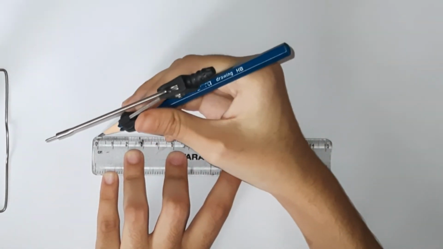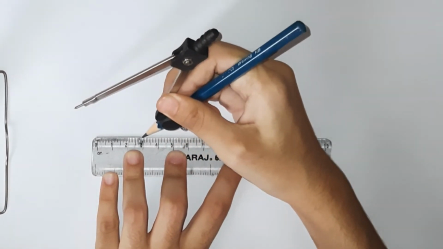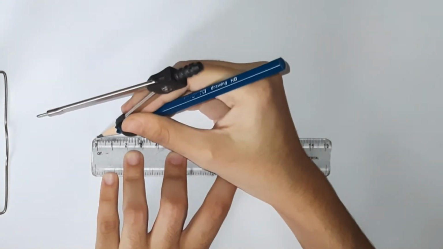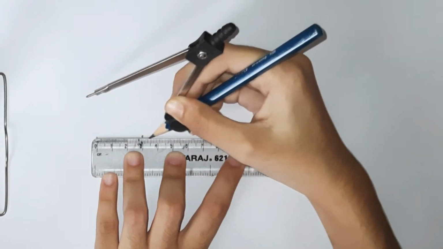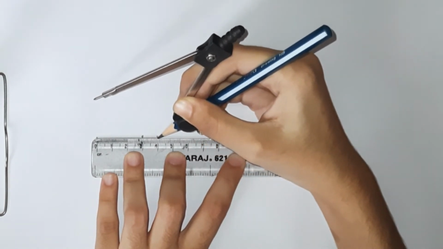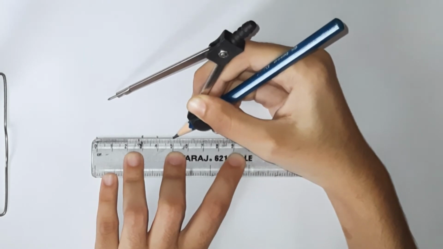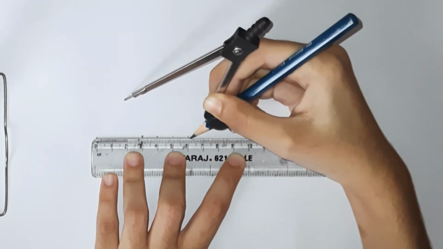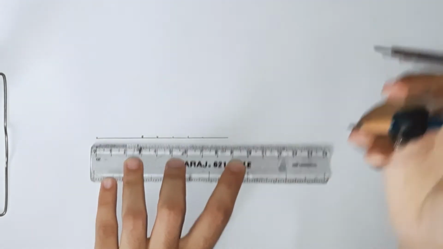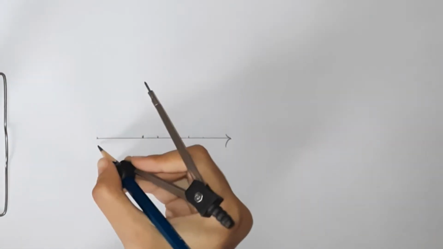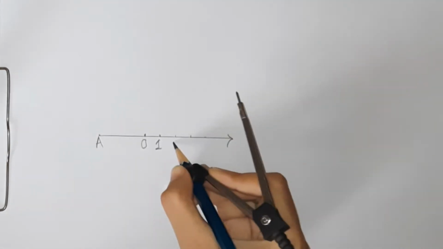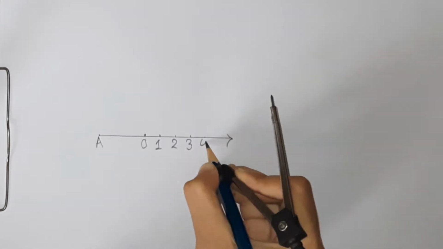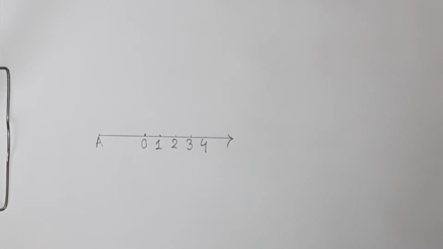So first we'll take 3 centimeter distance, which will be from here till here. Then we'll go on taking 1 centimeter distance. Write here A, here 0, 1, 2, 3, 4 and so on.